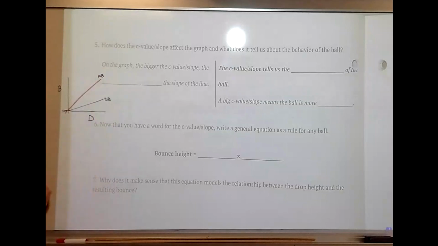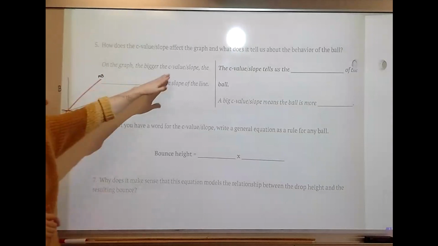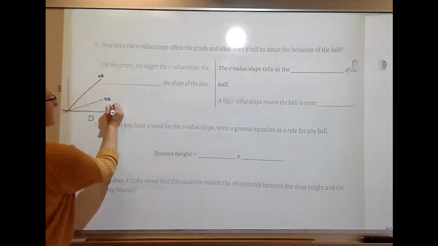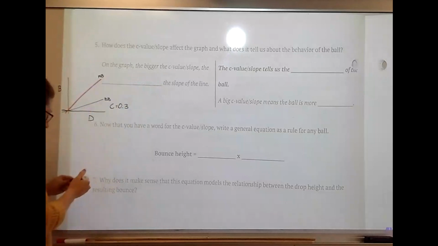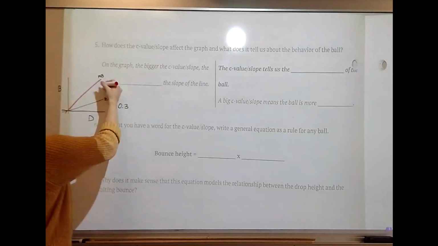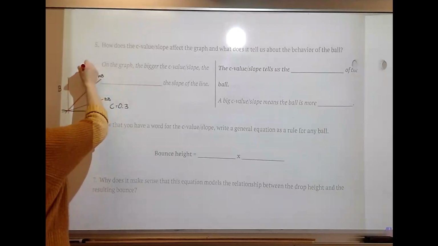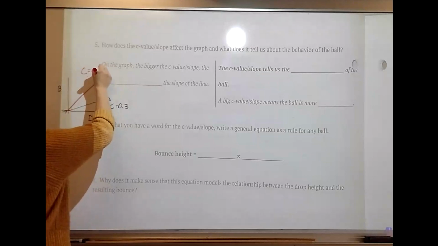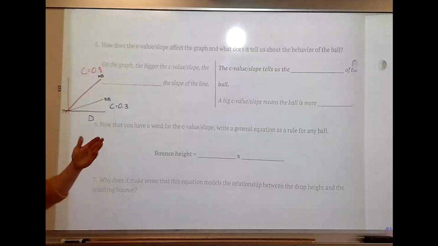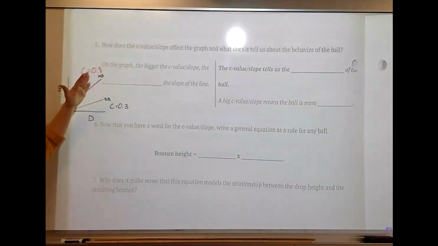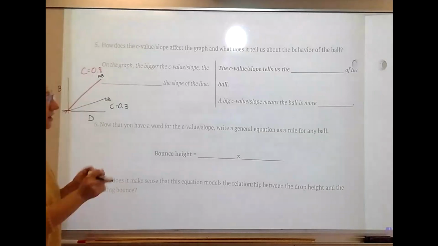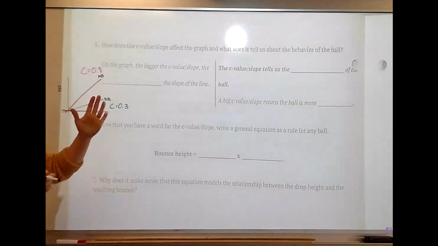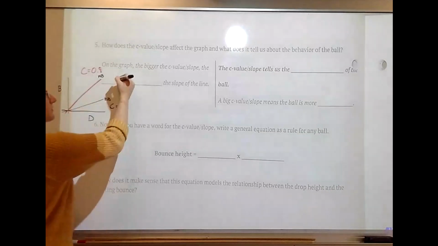The bigger the C value, this one had a C value of 0.3, and this one had a C value, I should do it in red, of 0.8. The bigger the C value, the steeper the line, right? There are other words you could put in there, but the steeper the slope of the line, the higher the slope.